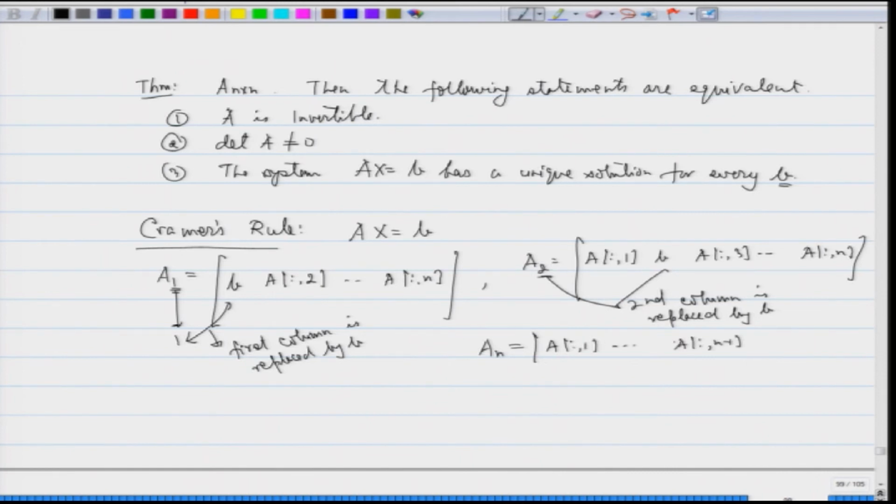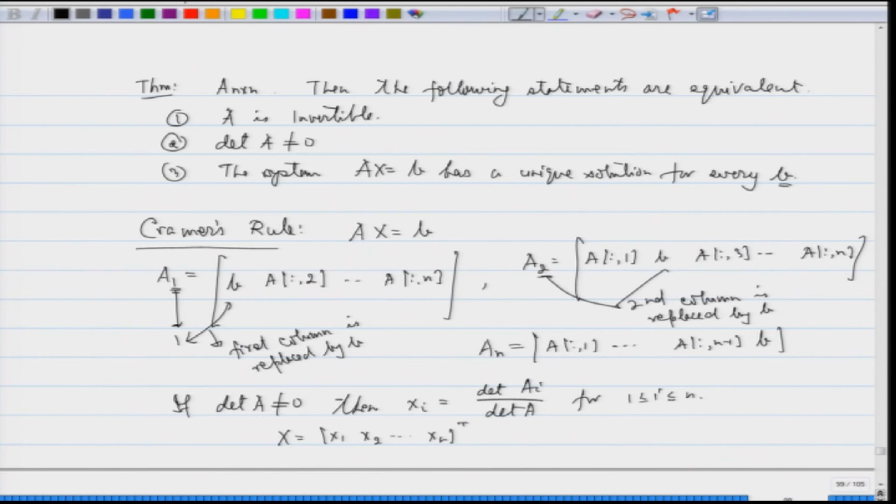So, n minus 1 columns will remain, B will come here, fine. So, it says that if determinant of A is not equal to 0, then xi is equal to determinant of Ai upon determinant of A, fine, for 1 less than or equal to i less than or equal to n, and our x is (x1, x2, ..., xn) transpose. Our vectors are always column vectors, therefore, I need to put a transpose here, fine. So, this is what Cramer's rule says.